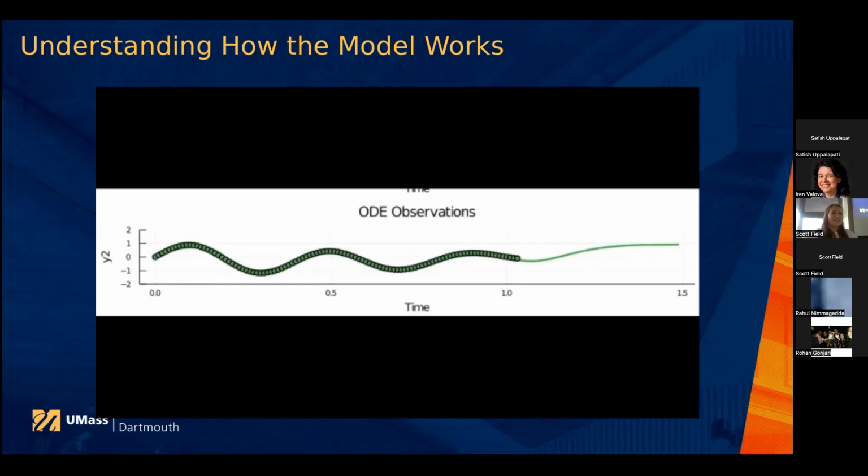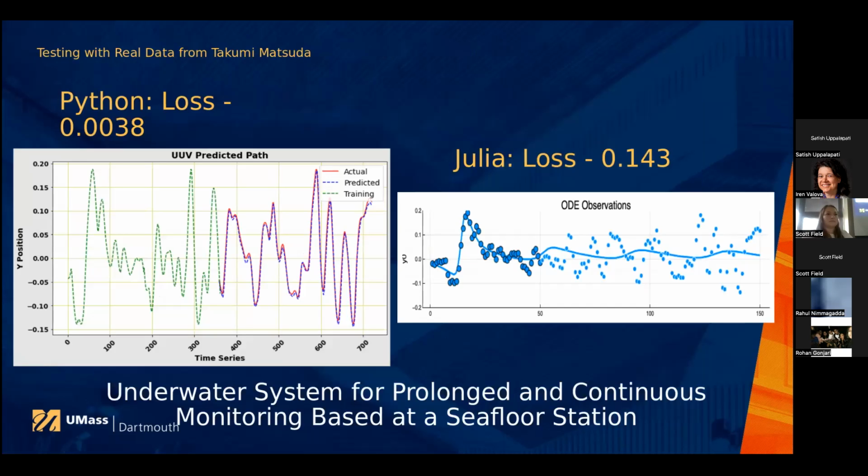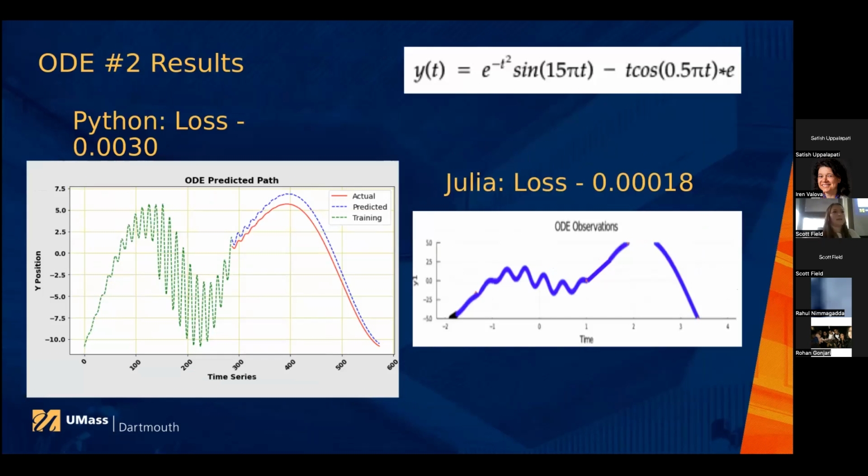So for these ODEs, are you taking the previous data point as an input for every single one, or are you predicting the time series? It's predicting the time series. Oh wow, okay. That's pretty impressive performance then, if you don't have the previous value.